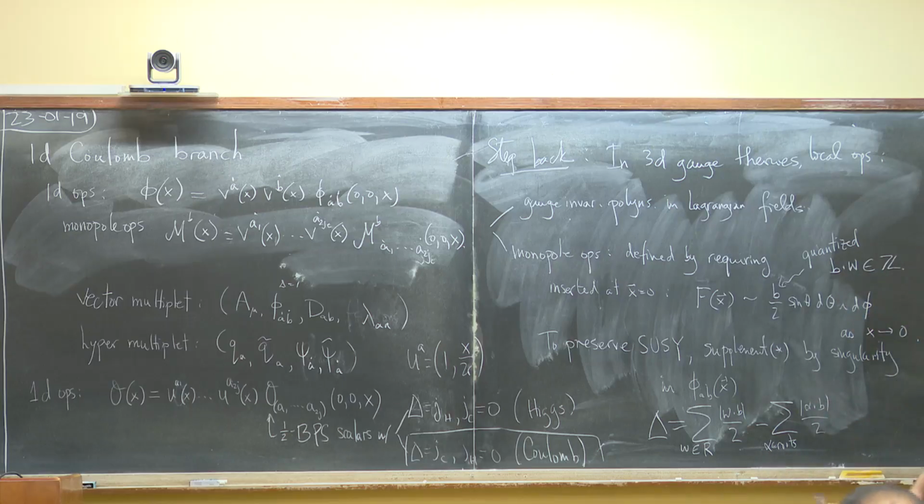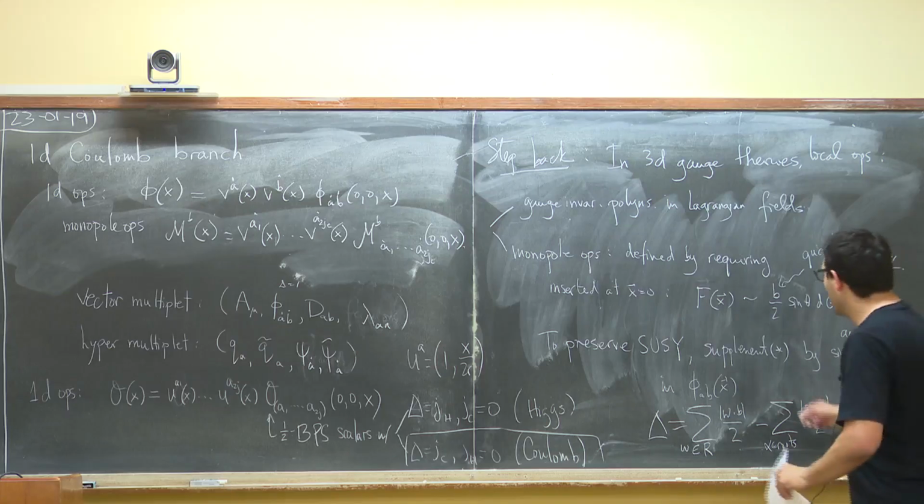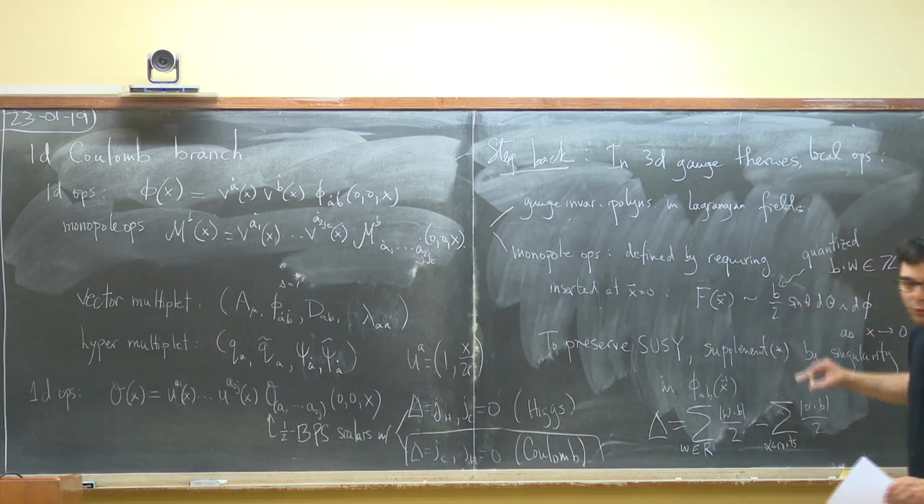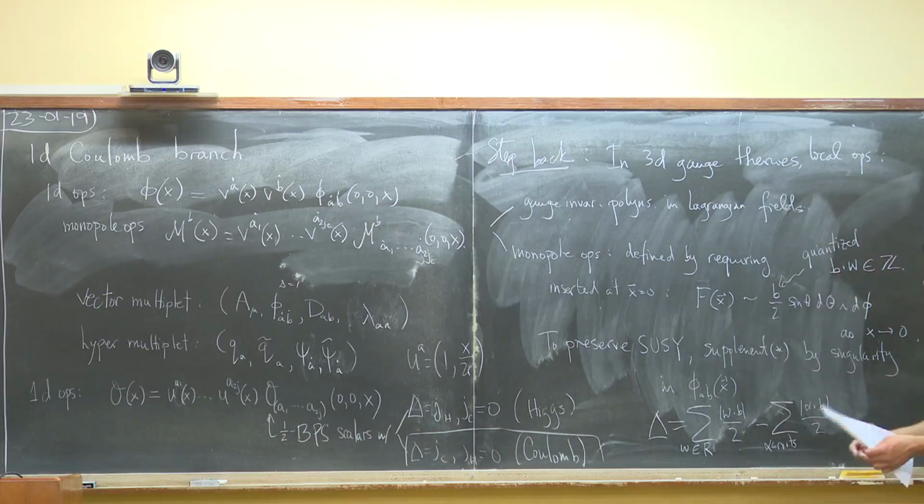I didn't quite understand this. To preserve SUSY, are you saying that the gauge field has a Dirac string and phi should also have some string-like thing? Yes, phi should go like 1 over x with the coefficient proportional to b. The fact that b is quantized means that the Dirac string is not observable.